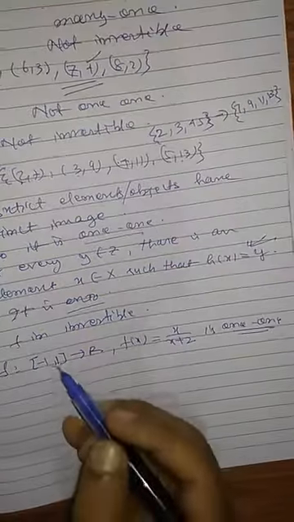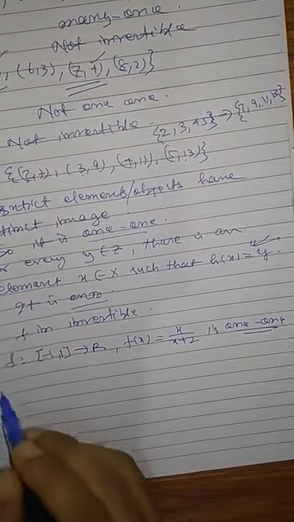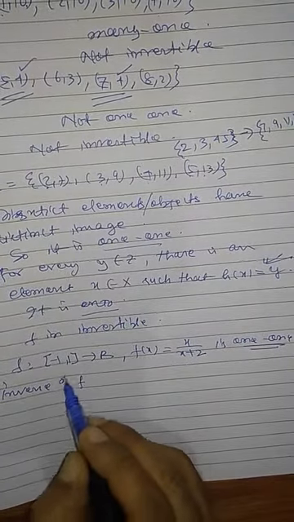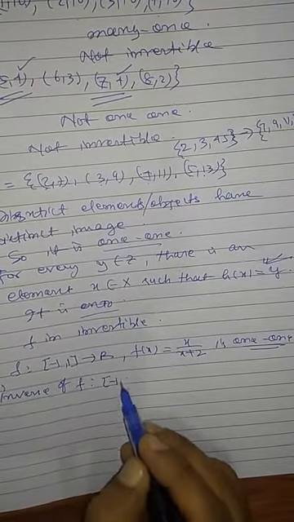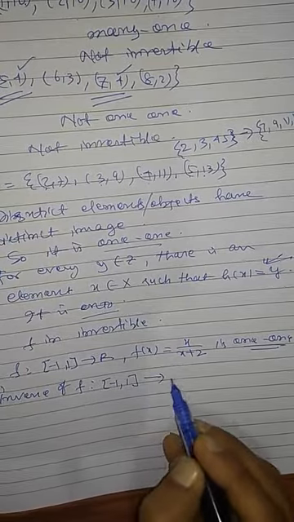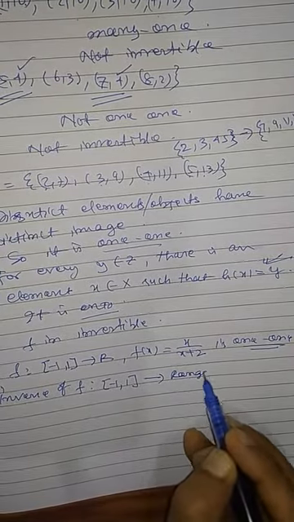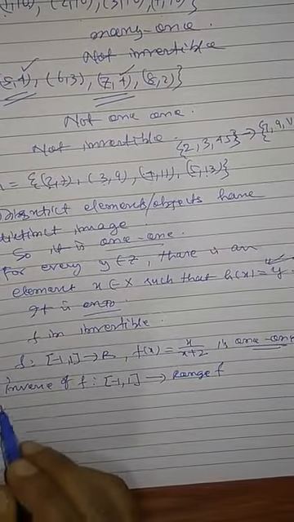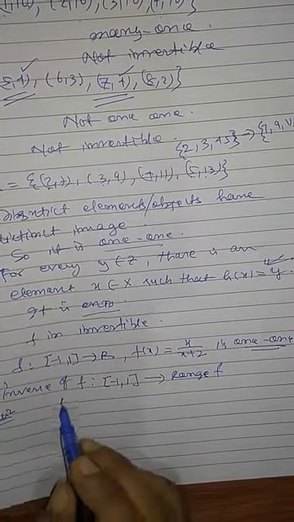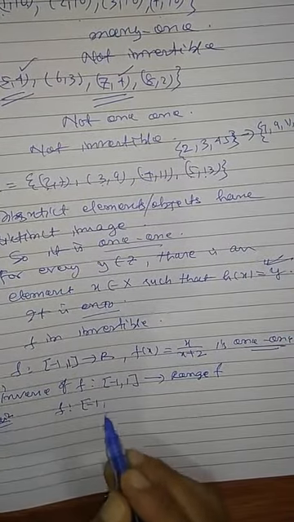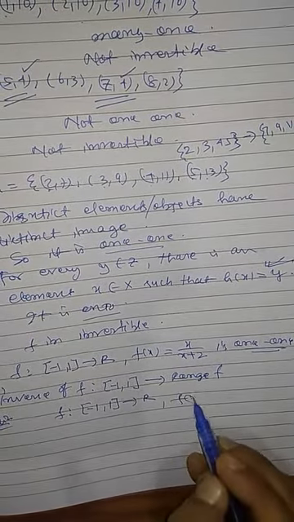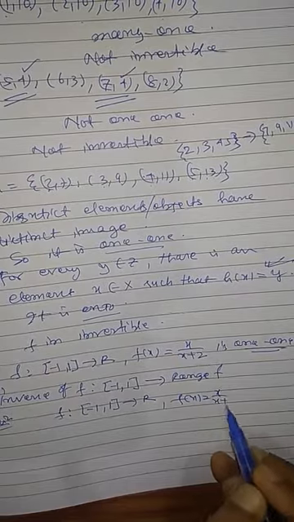You have to find the inverse of the function f from [-1, 1] to range f. Clear? Here given is f from [-1, 1] and f of x is equal to x by x plus 2.